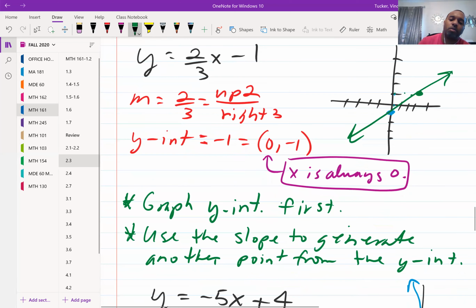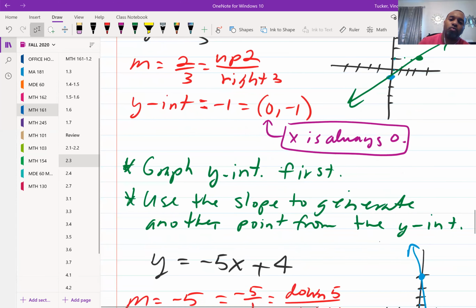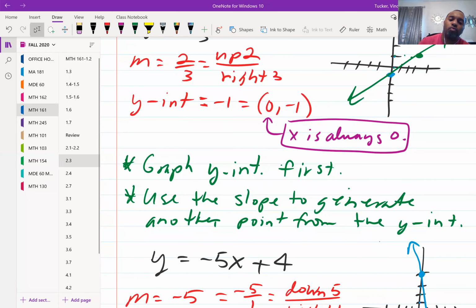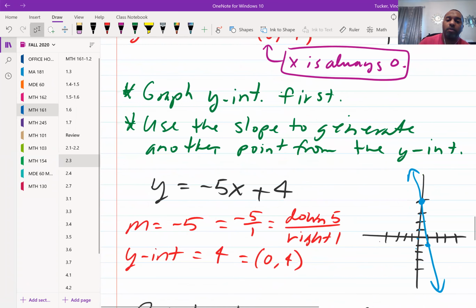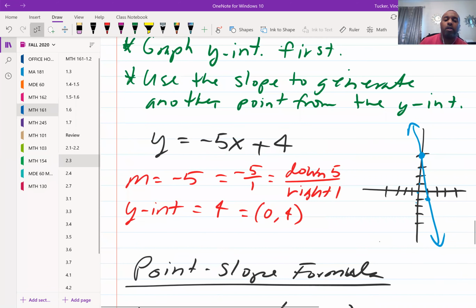All right, can I scroll up? All right, let's try it again. y equal to -5x plus 4.